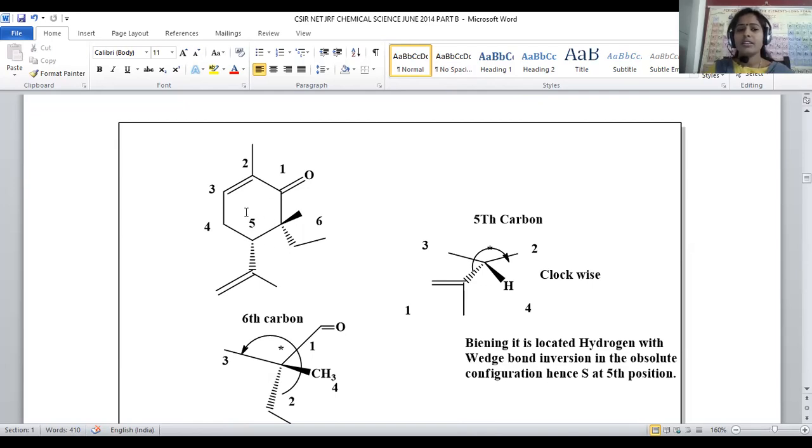So carbon number 5 does not have similar alkyl groups on it, so all 4 are different. You can assign this as a chiral center. So I indicated the 5th carbon with a star mark. Star mark denotes it is the chiral carbon.